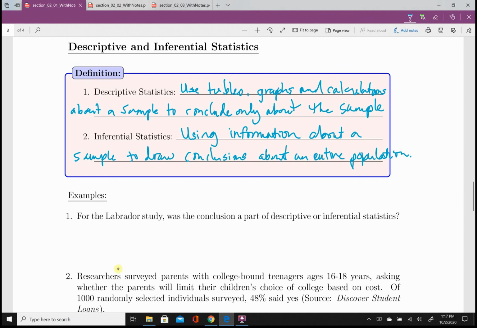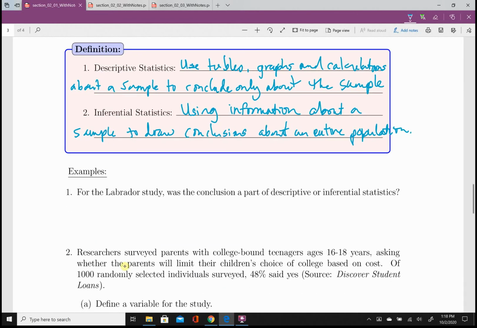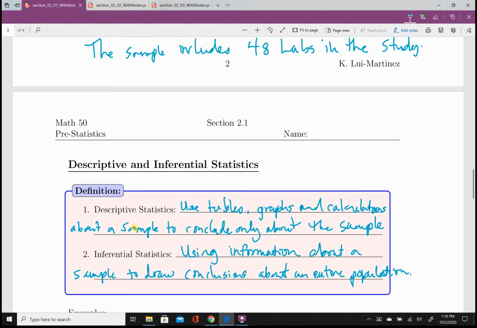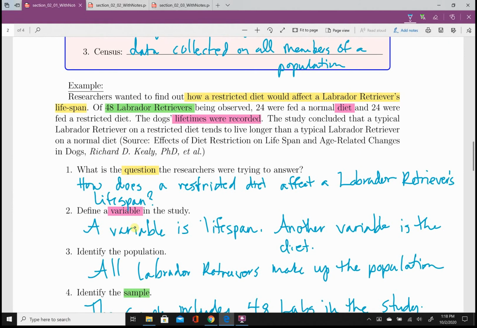Okay, so for the Labrador study, was the conclusion a part of descriptive or inferential statistics? Let's go back to this and take a look. Certainly there was a sample involved, the 48 Labrador retrievers. Now, what was their conclusion?